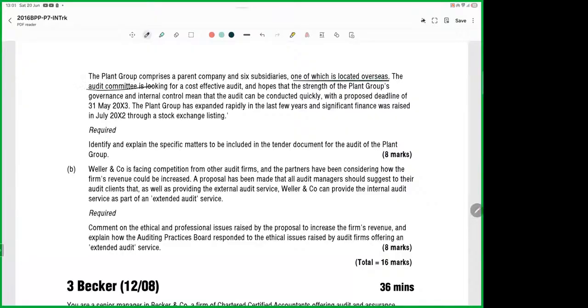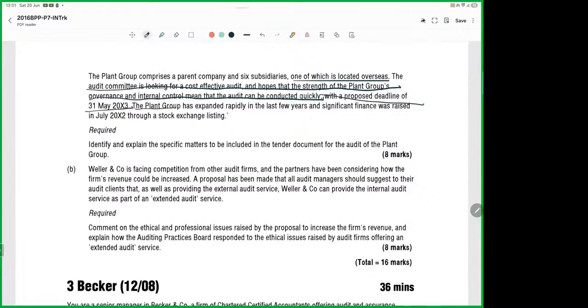The audit committee is looking for a cost-effective audit and hopes that the strength of the plant group's governance and internal control mean that the audit can be conducted quickly. That is not an idea. Because when you tell me to conduct an audit quickly, will I be able to gather sufficient appropriate audit evidence? Because remember, we give an opinion based on strongly searched for audit evidence, with a proposed deadline of 31st May 2023.